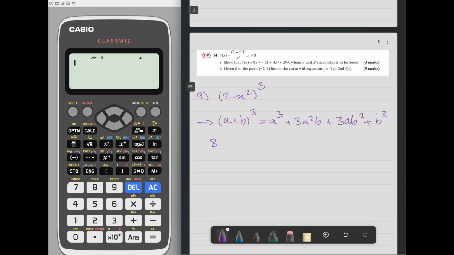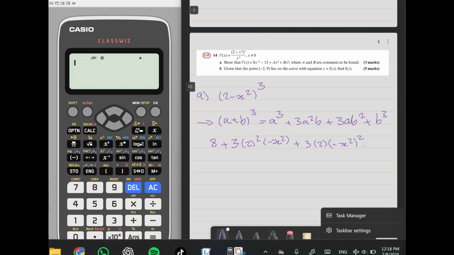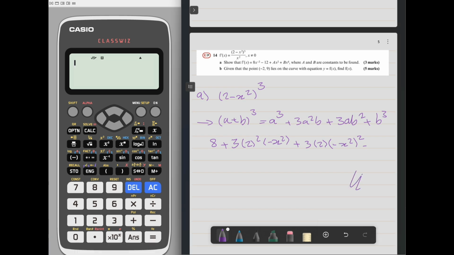which is going to be 8, plus 3 times 2 to the power of 2 times minus x squared, plus 3 times 2 times minus x squared to the power of 2, plus b cubed, which is going to be minus x squared cubed.